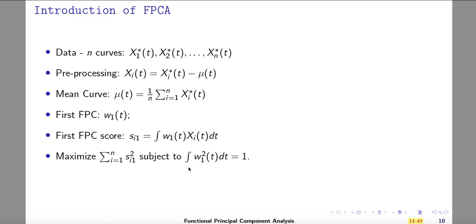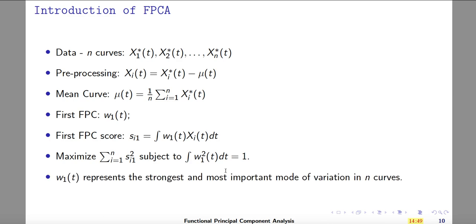Therefore, we always put in the constraint that the integral of the square of w_1(t) equals 1. So w_1(t) represents the strongest and most important mode of variation in these n curves.